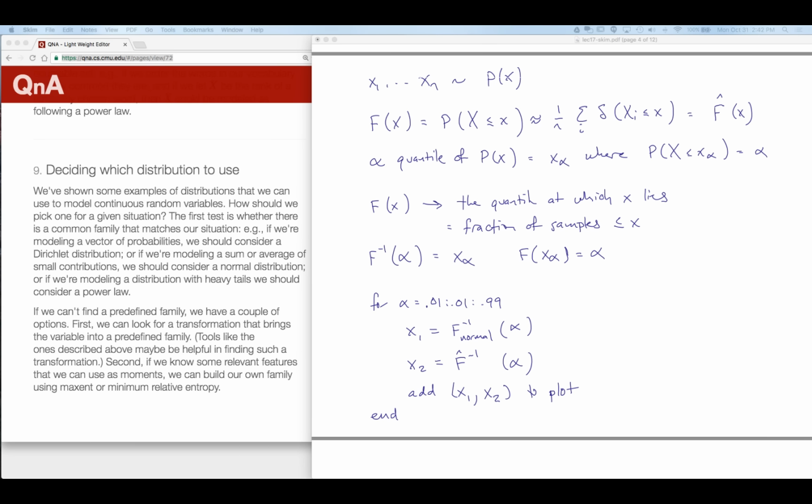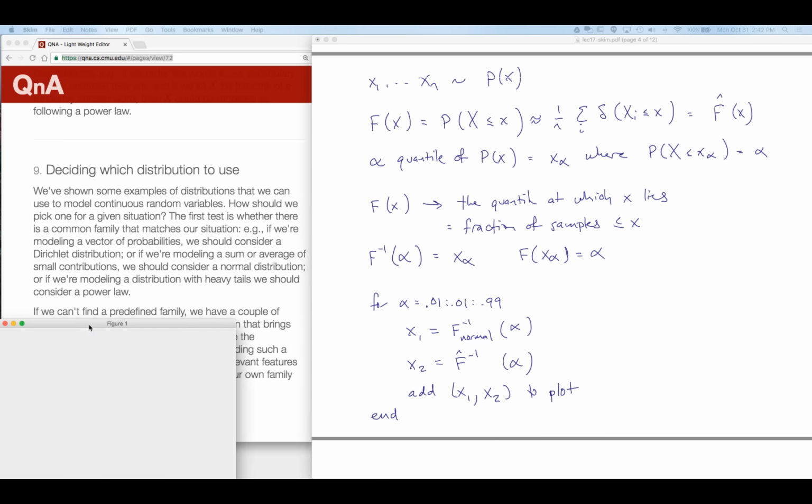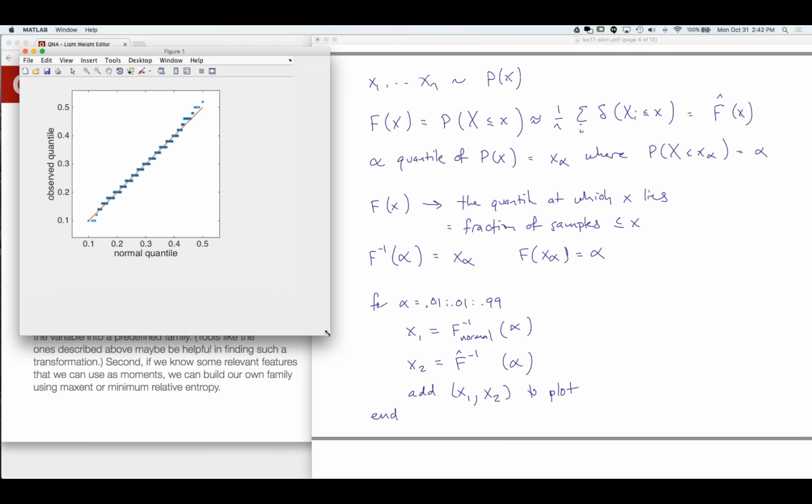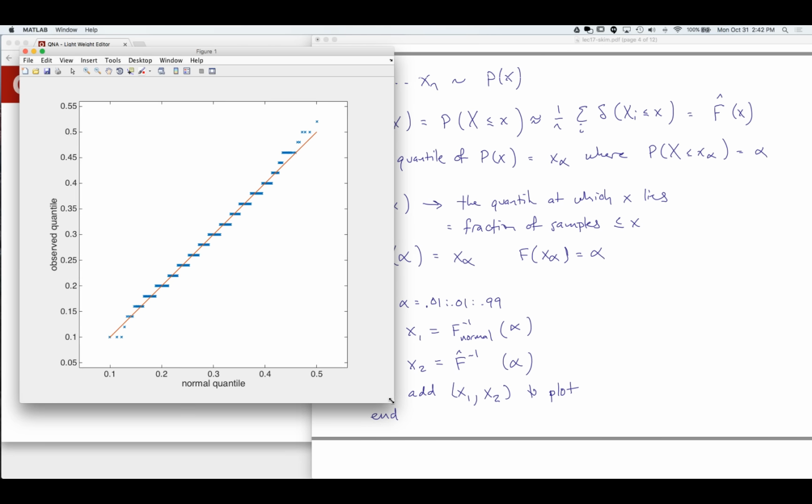Let me put the plot up. So here what I've done is I've taken a distribution that is approximately normal, and I've plotted the normal quantile, that's x1 here, versus the observed quantile, that's x2 here, right?